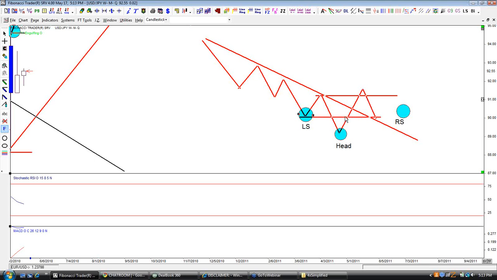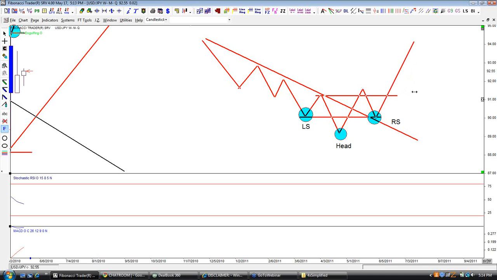And what it does is finding support from the level coming from the left shoulder, as well as finding support of the backside of the trend line. So some traders will trade this level, the right shoulder, and they will enter long.